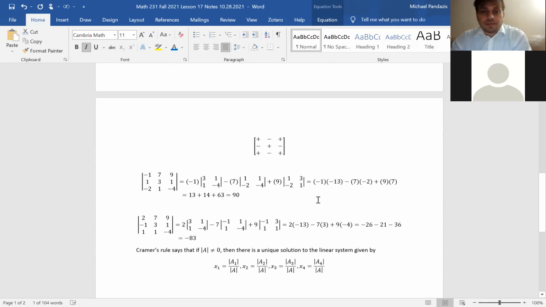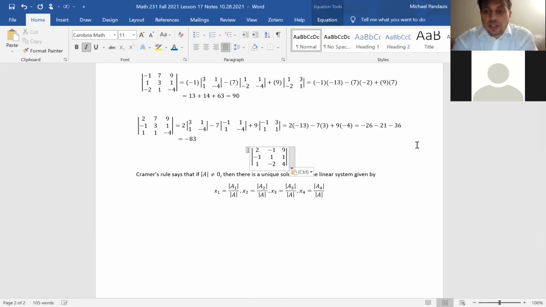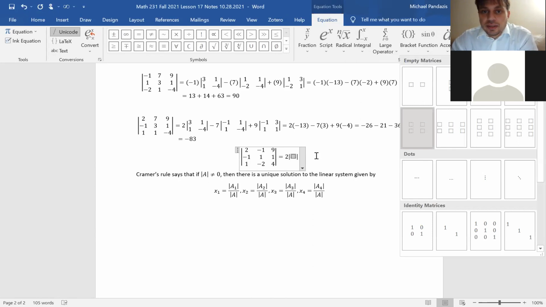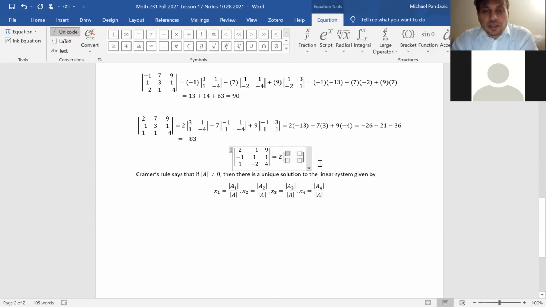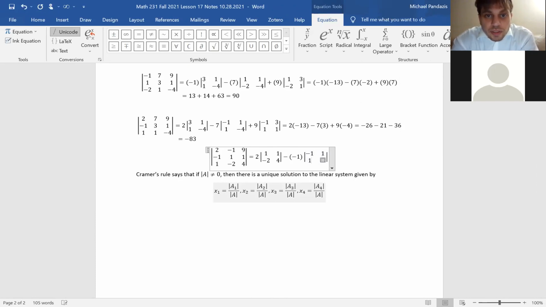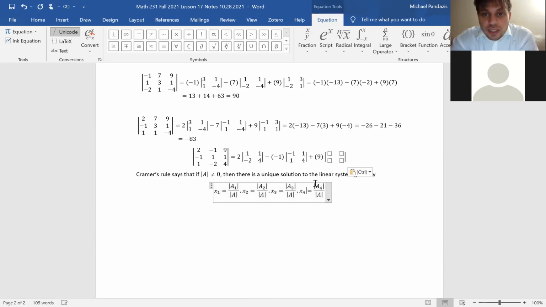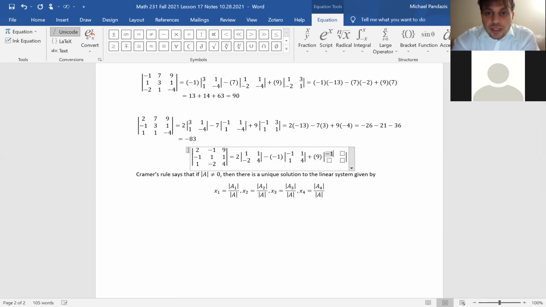So this determinant is equal to 2 times 1, 1, -2, 4, minus -1 times this determinant, -1, 1, 1, 4, plus 9 times its corresponding determinant, which is -1, 1, 1, -2.